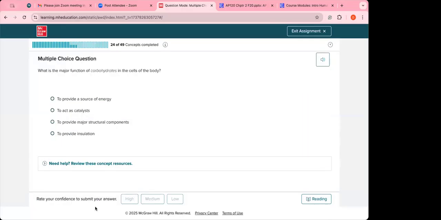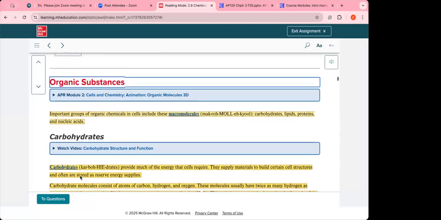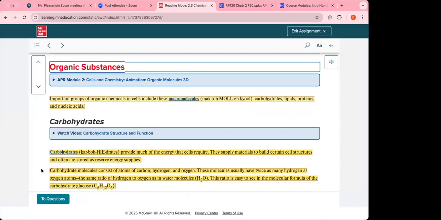Next question. What is the major function of carbohydrates in the cells of the body? To provide a source of energy, to act as catalysts, to provide major structural components, or to provide insulation. What do carbohydrates do? Okay, so it says carbohydrates provide much of the energy that cells require.